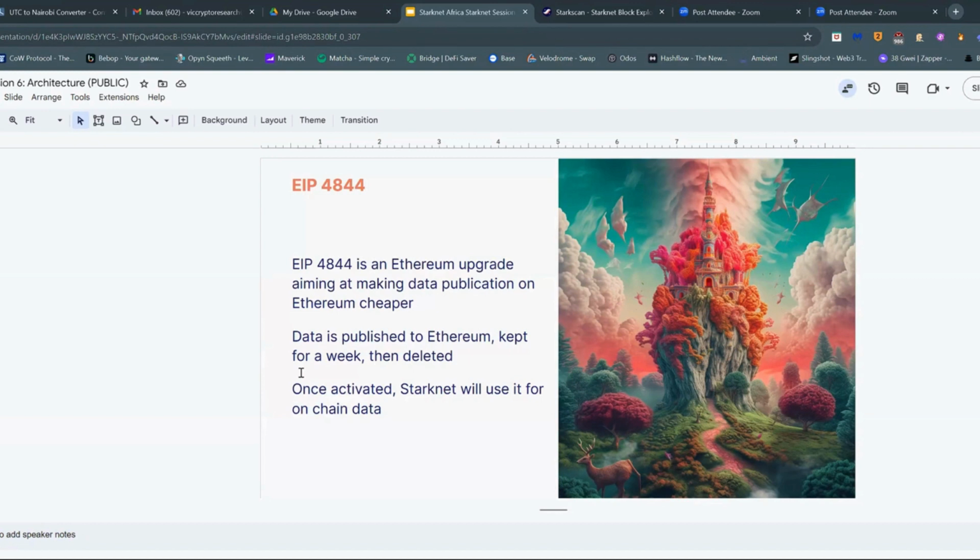So being able to avail this data is going to be critical, in a manner that ensures that the security and immutability is maintained. So this upcoming Ethereum improvement proposal is one of the most important developments on the horizon. So hopefully we're going to have it by Q1 or Q2 next year.